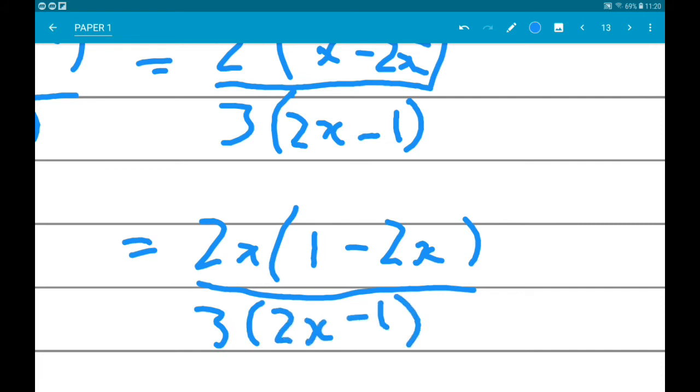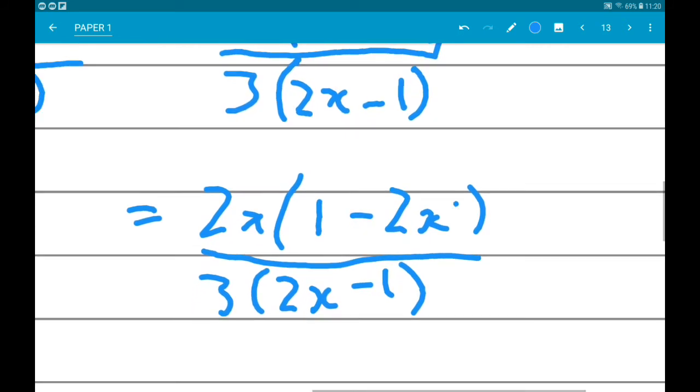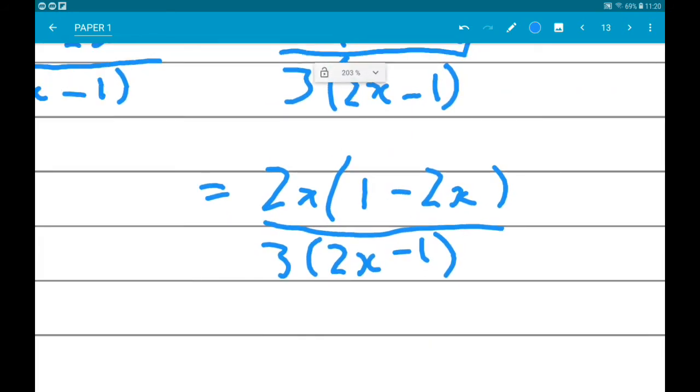Now, at this point, it looks like there's nothing else we can do. However, if we factor out a minus 1 on top, then inside the bracket it's going to become the same as the bracket on the bottom.